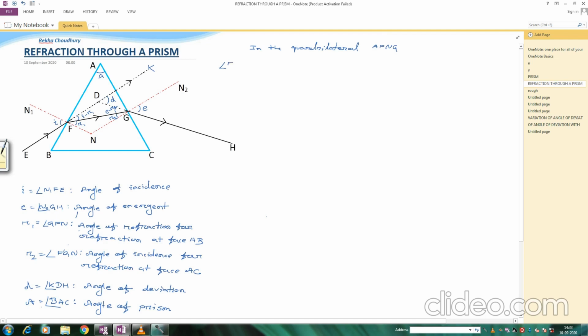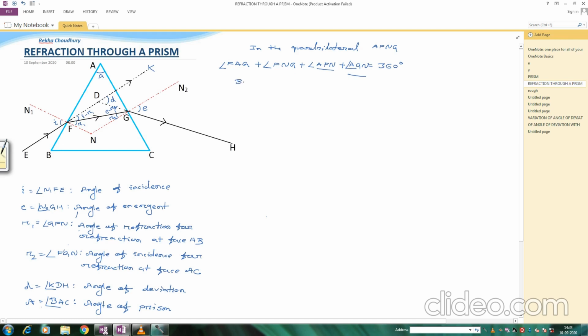That is, angle FAG, that is BAC angle, plus FNG angle plus AFN angle plus AGN angle is equal to 360 degrees. But here AFN angle and AGN angle are 90 degrees, as N1N and N2N are normal to the faces AB and AC.